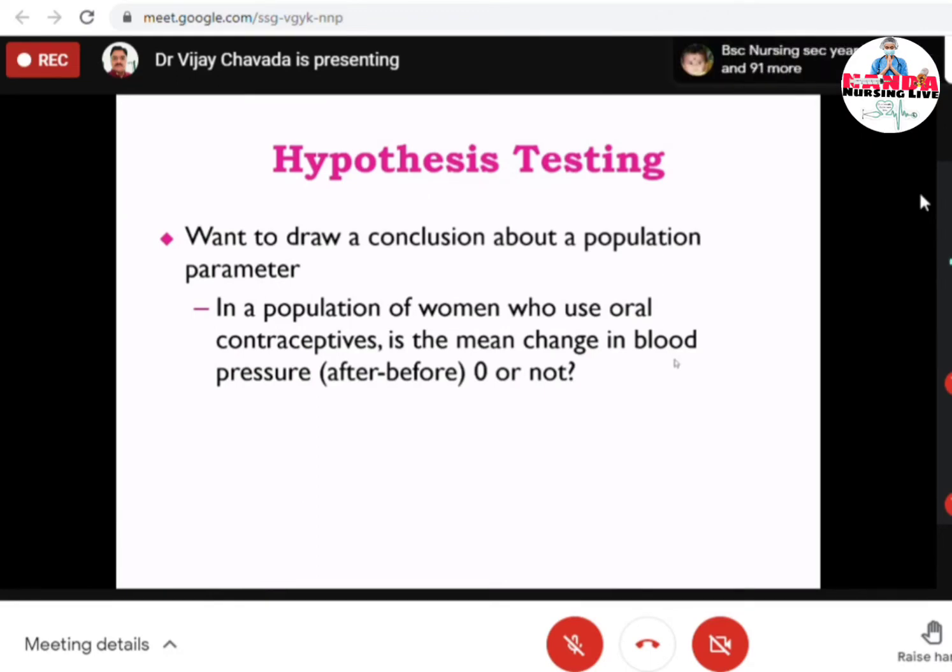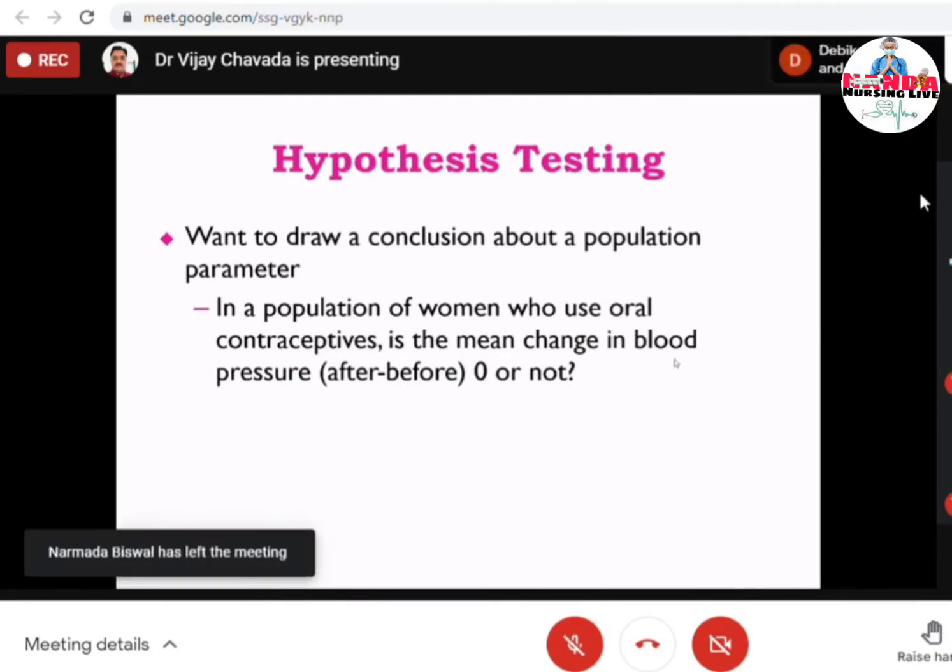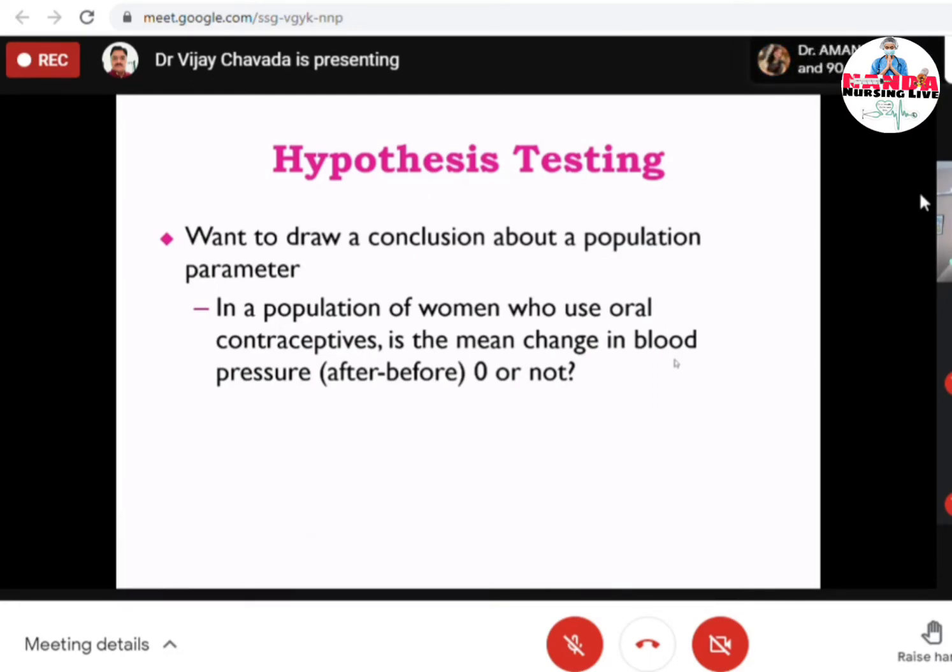Through observational studies we collect basic data, and by examining the basic data we try to hypothesize. So generation of hypothesis is by the lower level studies, and testing of hypothesis is by the higher level studies, higher in the hierarchy, like analytical studies and experimental studies.